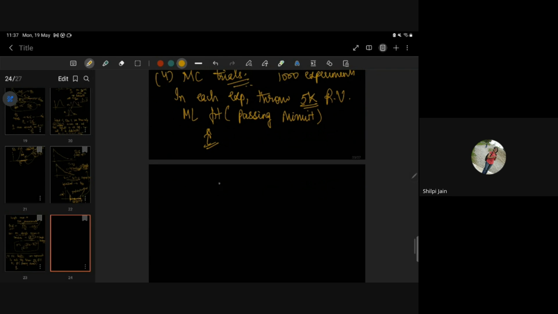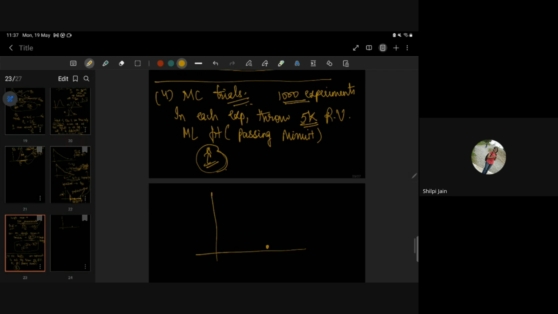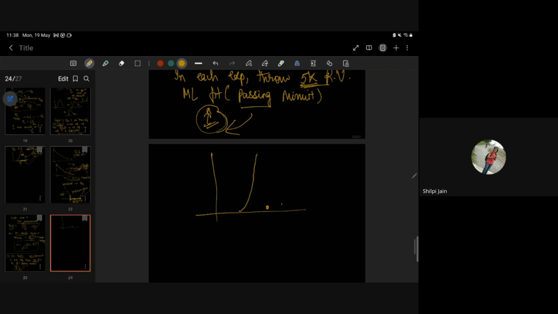Just look at the distribution. So whatever fitted parameter tau hat that you get, you put it in the histogram. Then you go to another Monte Carlo experiment, again throw 5,000 random variables, again do maximum likelihood fit, get the tau hat, again put that in a histogram. So you will get the distribution of tau hat something like this, and its sigma. You should confirm for yourself if it is Gaussian or not. And then the sigma is another way of quoting uncertainty, if you remember from Arun's lecture last week, Friday.